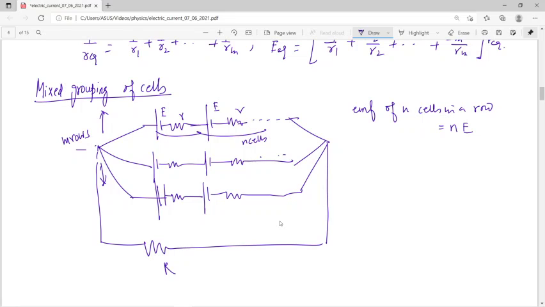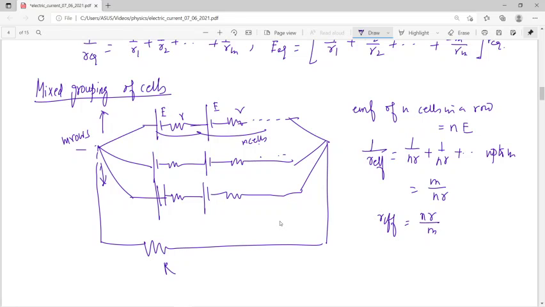Now if you find the effective resistance, each of the n cells has resistance r, so the total resistance in each row is nr. If we find the equivalent resistance, 1 by nr, 1 by nr up to m rows, you get m by nr. So R effective is nr by m.